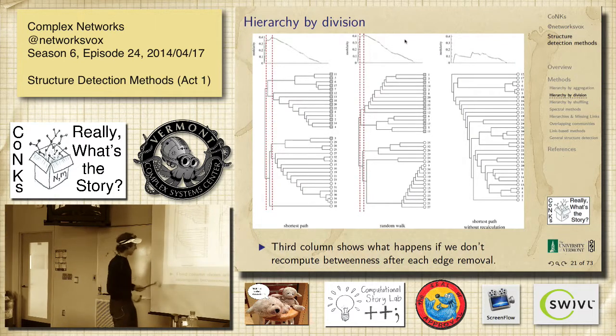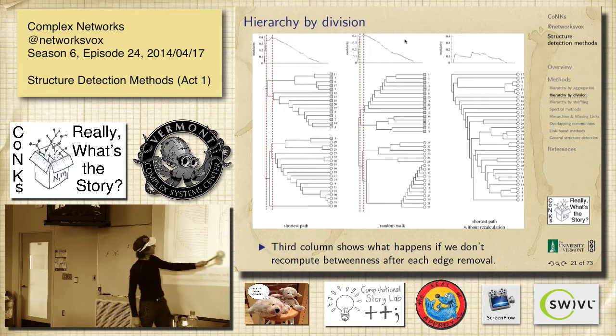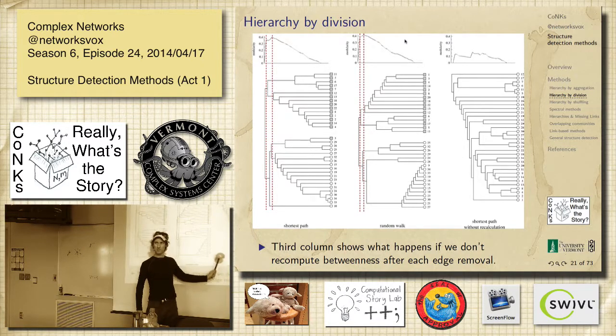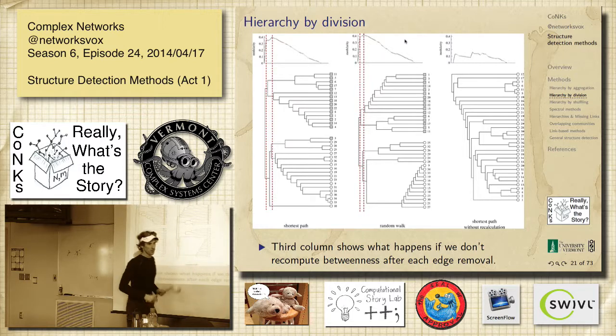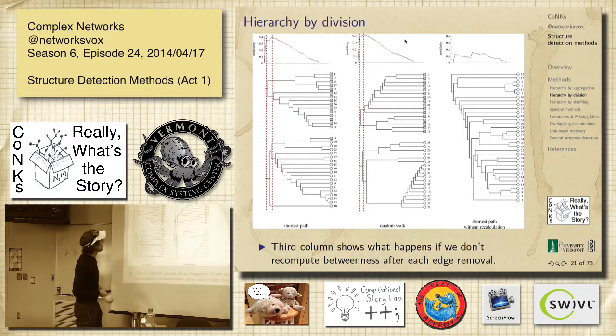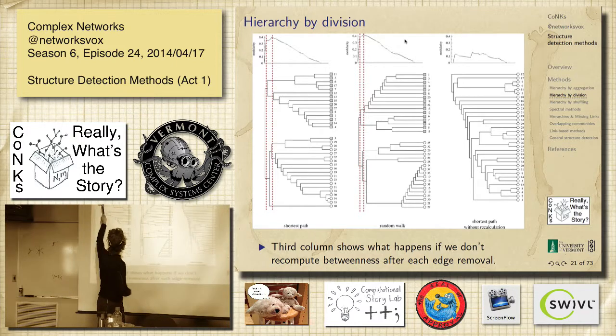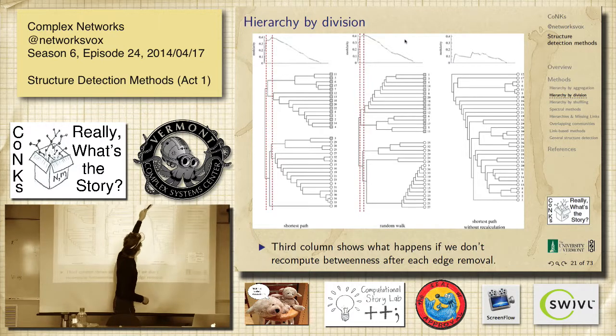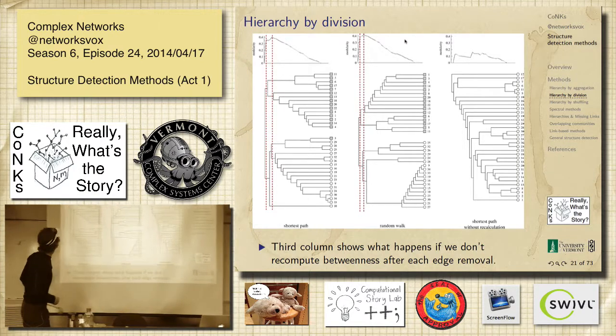Okay, so here's a result for using the shortest path versus the random walk, and here's shortest path but without recomputing betweenness. So you just take the betweenness that you got at the start, do one computation, order all the links by their betweenness and then just take them away. We argued that that was a bad plan. And you can see in the modularity story, this one has two little peaks, maybe, and this one's pretty bad.